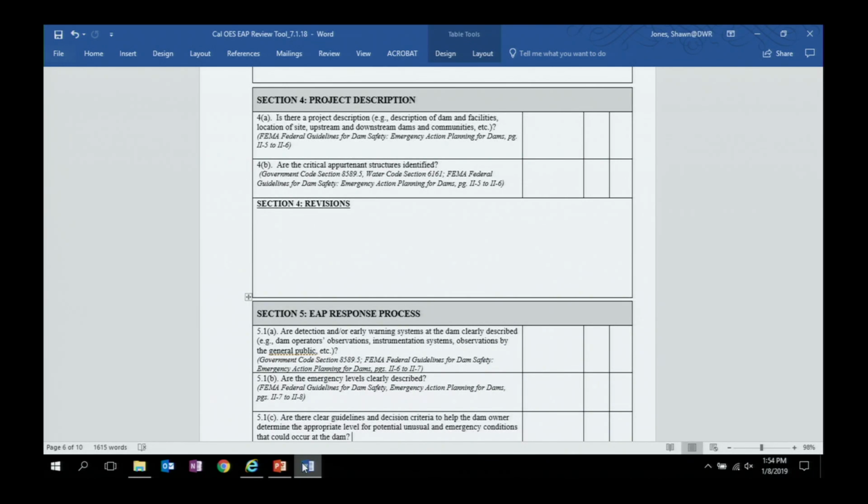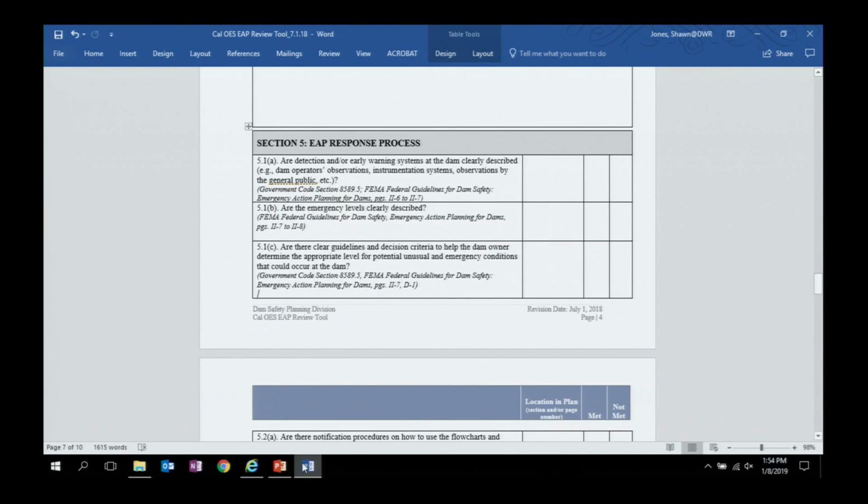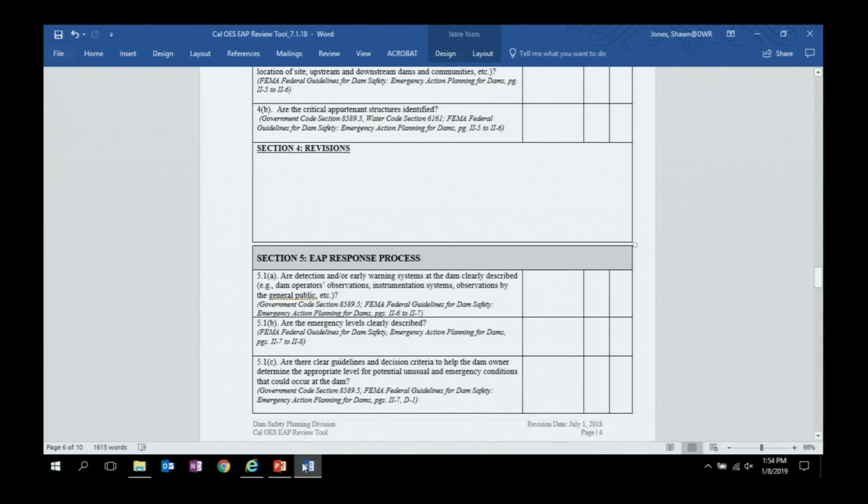Who's going to be affected by this if there is an incident? Are the critical appurtenant structures identified? And as you know, Kristen already went into that a little bit and what the requirements are for that. So we want to make sure if there are none identified, please state that.